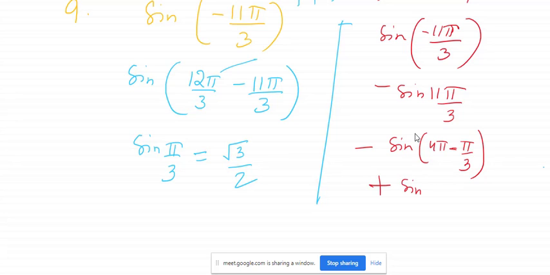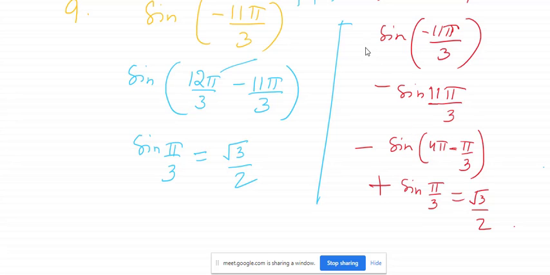So plus sine pi by 3, and again you get the same answer. In the first method I just added 4 pi. In any angle, if you add 4 pi or any even multiple of pi, the value will remain the same. In the second method I convert the negative angle to negative sine theta, and then find the value for the given angle.